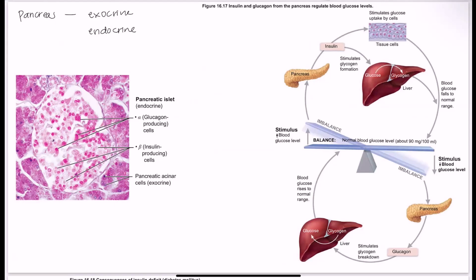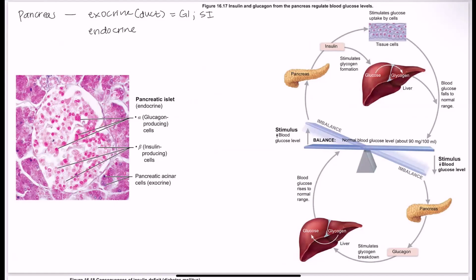Exocrine means that we're secreting something through a duct, and in this case, it works with the GI tract, specifically the small intestine. We secrete stuff into the small intestine to aid with digestion. And we'll talk more about it when we get there.